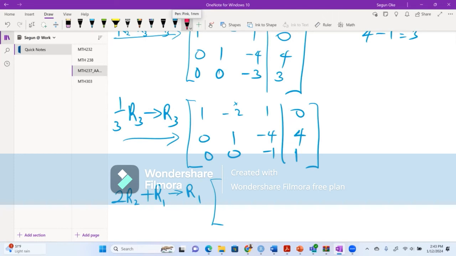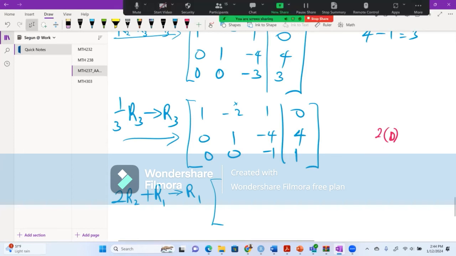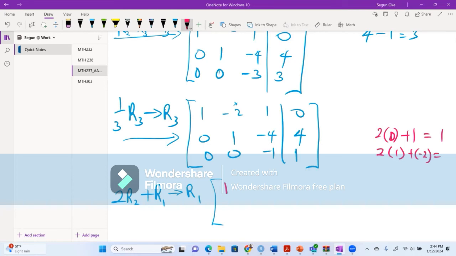So it's going to be 2 in brackets 1, 2R2, sorry, 2 multiplied by 0 plus 1 equals what? 1. So we still maintain our 1 in R1. Then 2 in brackets 1 plus negative 2 rather, you have 0.